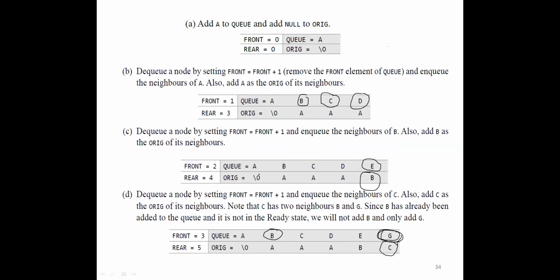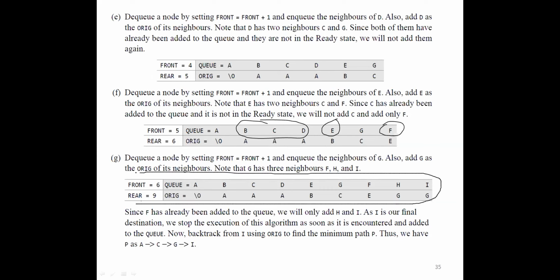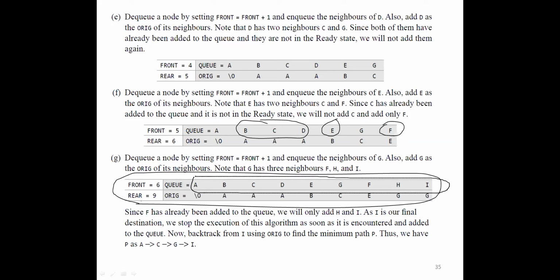Once this is over, then I will go for E and start exploring. Who are all the adjacent nodes of E? So like that, I'll go on. Finally, all the nodes are visited. See, in Q, we can find that all the nodes are visited.